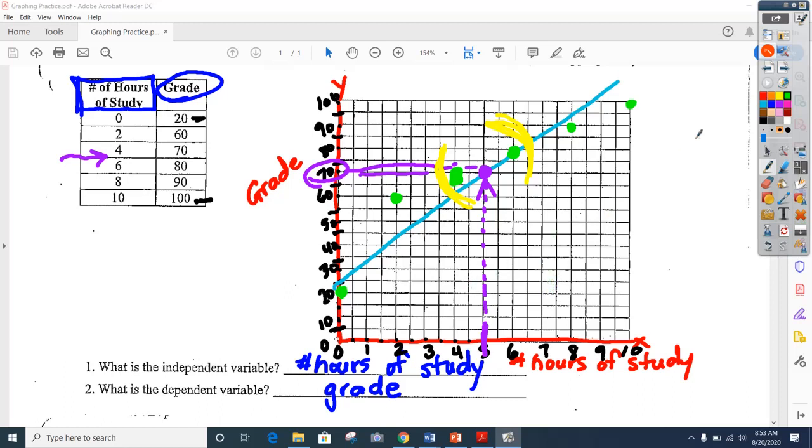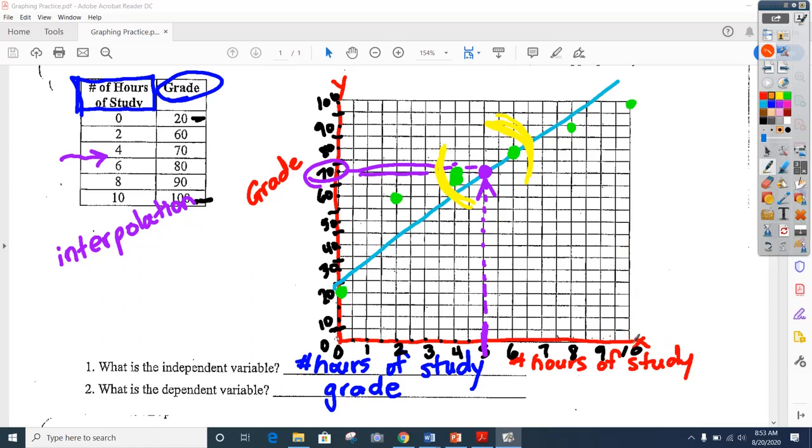And therefore, if I asked you about the student's grade at 5 hours, that would be an example of interpolation, because I'm asking you about a point on the line of best fit that is between two known data points.